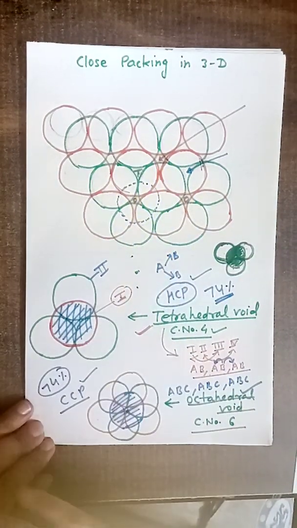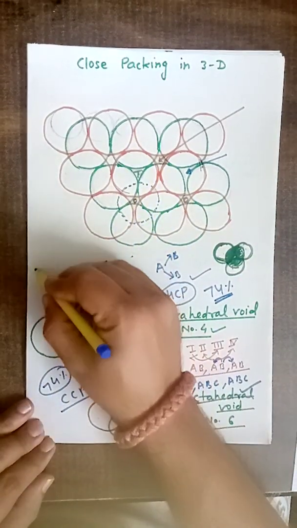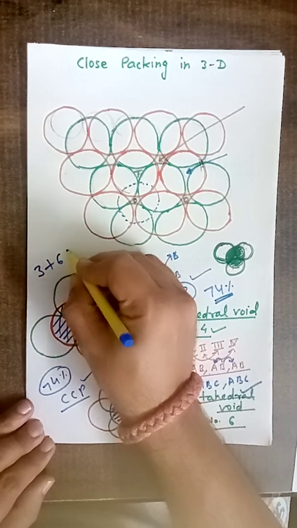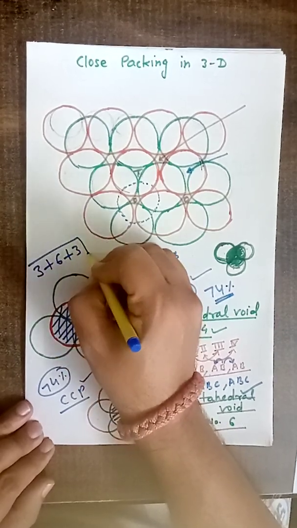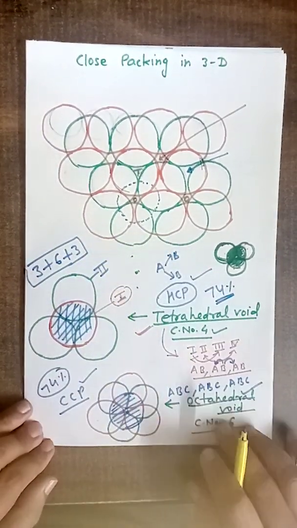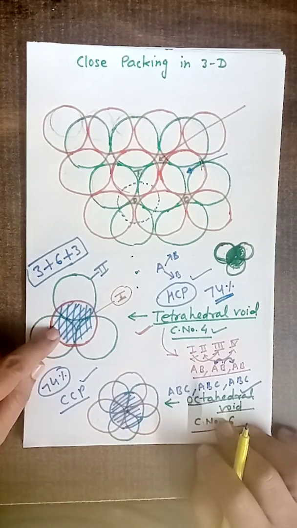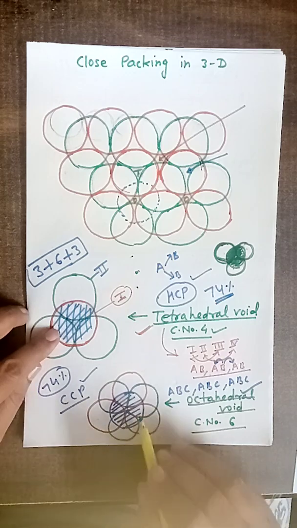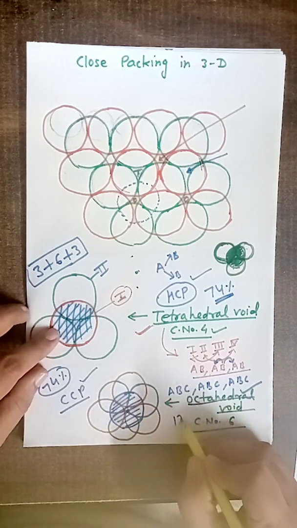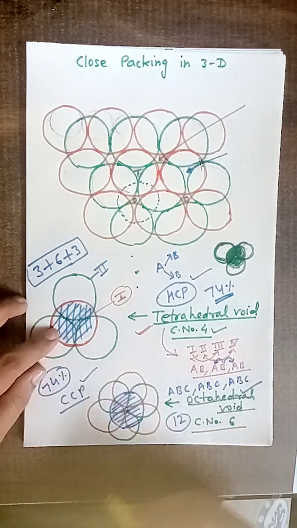So in total its coordination number is 12, 3 above it, 6 in its own plane and 3 below it. So in this way the coordination number of this type of packing is 12. Similarly, the coordination number of this is also 12. It means both have the same coordination number.